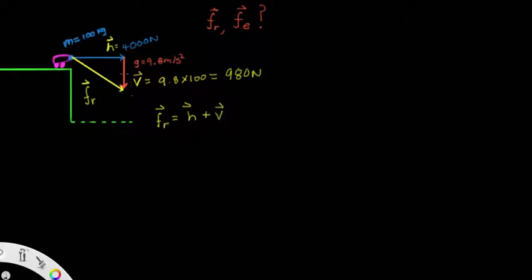And to find the magnitude, first we recognize that this is just the Pythagorean theorem. So to find the magnitude of this vector, we can write it as such. The resultant vector is equal to the square root of the horizontal vector, which is 4,000 newtons squared, plus 980 newtons squared.